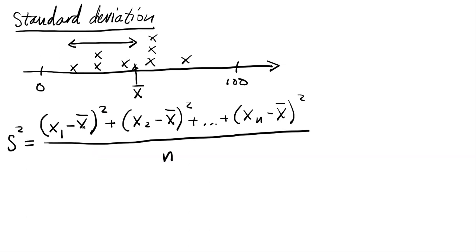So what is the variance? It's the average of all the squares of the distances. And to get standard deviation, it's called S, it's just to take the square root of the variance. So you take the square root of this.